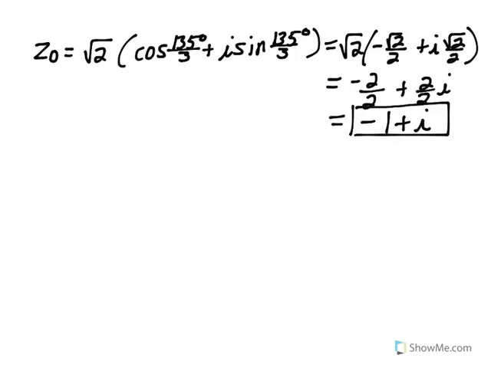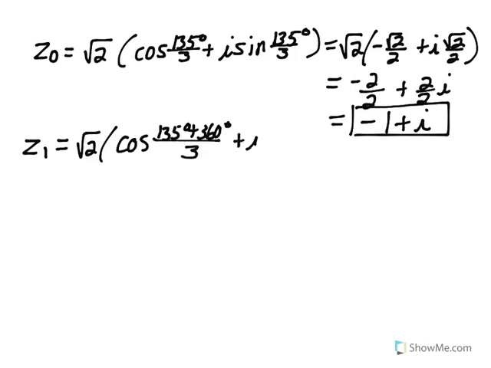We're going to do the same thing again. And this does not come out exact, but that's okay. Now we're just going to add 360. So we'll do cosine of 135 plus 360. Really, you're going to keep adding the 360 until you get the amount of roots that the question is looking for.